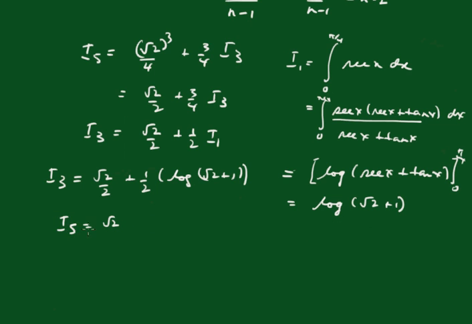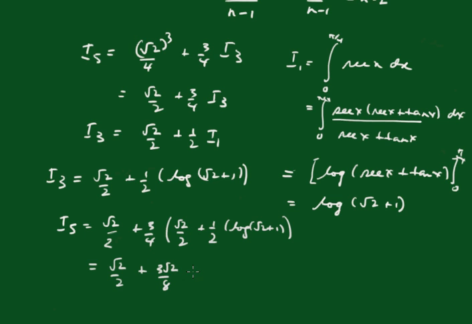Okay, so I5 is root 2 on 2, this one here, plus 3/4 of root 2 on 2 plus 1/2 of the log of root 2 plus 1, which is root 2 on 2 plus 3 root 2 on 8 plus 3/8 of the log of root 2 plus 1.